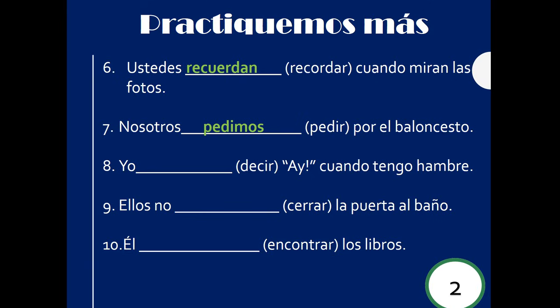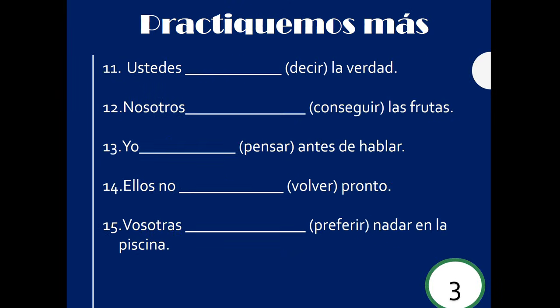8. Yo digo ay cuando tengo hambre. Now this one's strange. It might seem strange to you because it's a yo-go verb. That's why it is not D-I-C-G-O. It is just D-I-G-O. Ellos no cierran la puerta al baño. 10. Él encuentra los libros. 11.